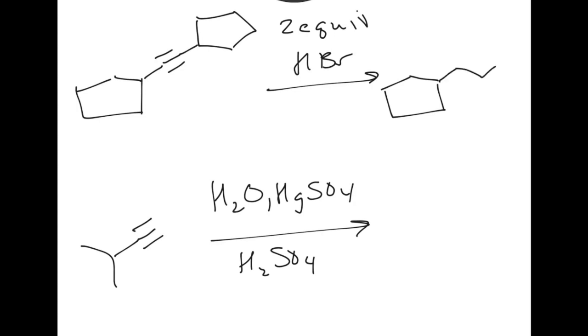Yep. So I'm going to make a geminal dihalide, or geminal dibromide. So I'm going to put the 2 bromines on the same carbon. There you go. Okay. So you got to put 2 bromines on the same carbon. Right, I have 2 equivalents of HBr, so I have enough HBr to react with both pi bonds. So I'm not going to have a pi bond in my product, because I reacted with both of them. So I'm going to add both bromines.